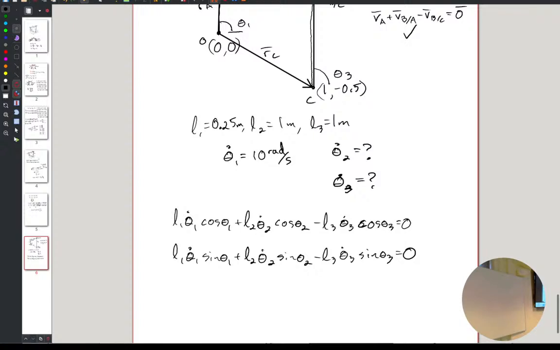Yeah, they're both, I guess. Okay. Yeah. And zero is fine. Zero is good.